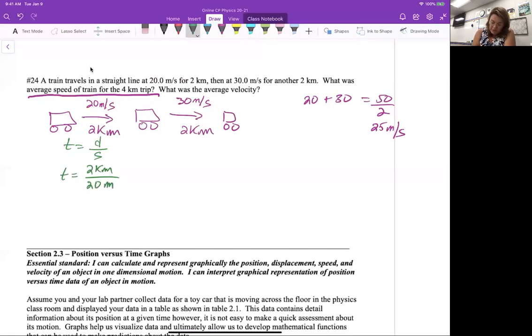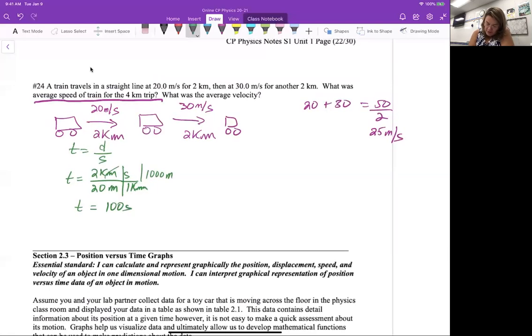So I'm going to flip that second back to the top, and I'm going to have to do some conversions, right? 1 kilometer is equal to 1,000 meters. And now everything cancels and I get seconds left. And then I find that to be equal to 100 seconds.